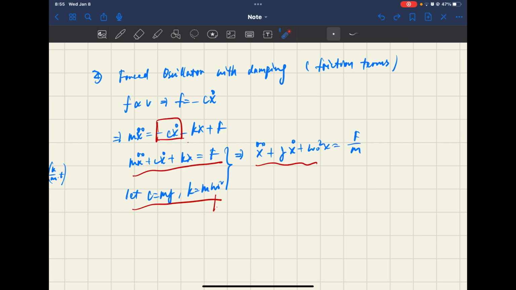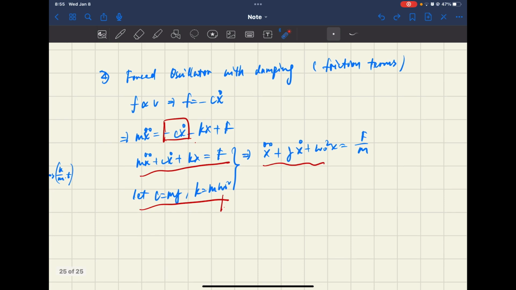It's the most common case in reality because there's friction everywhere. The magnitude of the friction is always proportional to the magnitude of the speed. So we give a constant here, which is c, f equal to negative c times x dot. The negative sign means that the direction of the friction force will always be opposite to the direction of the motion, given its definition.